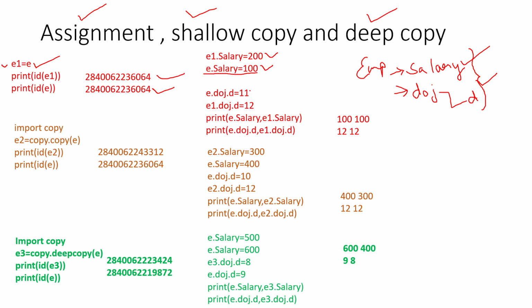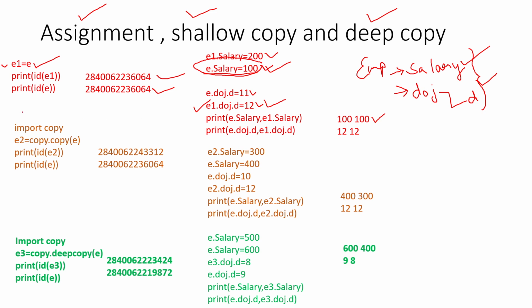Similarly, I'm going to set the day field of date of joining to 11. Then I'm modifying that day field in E1 to 12. As E and E1 are the same, the latest one is in effect. When I print the salary field of E and E1, I'll get the latest one. Similarly, the latest date in the date of joining is 12.